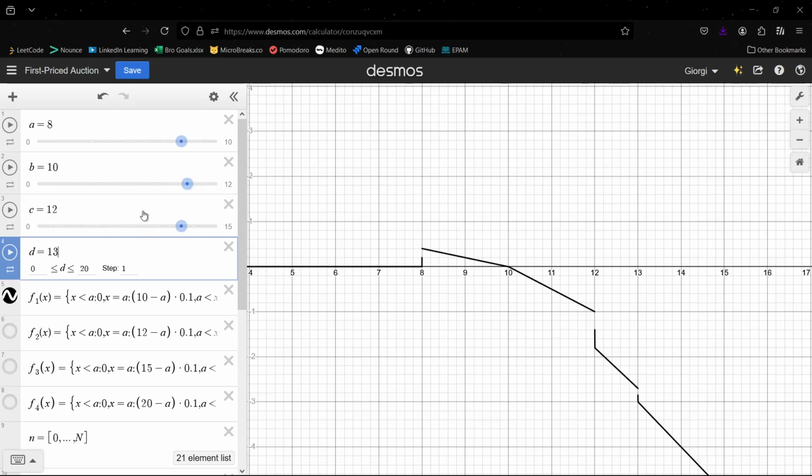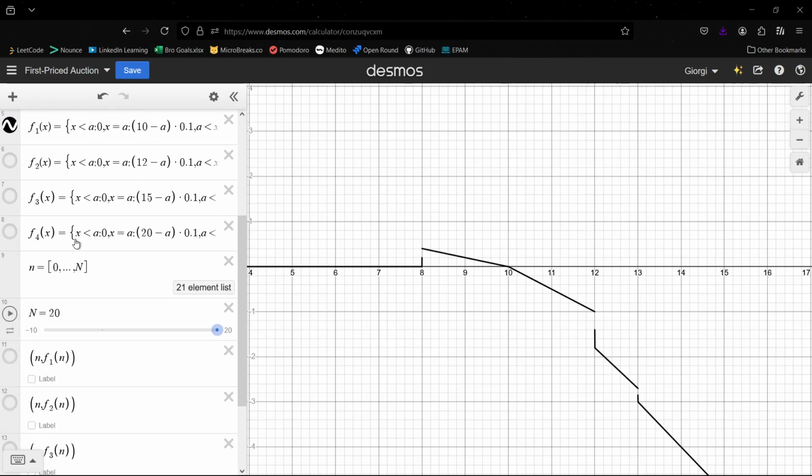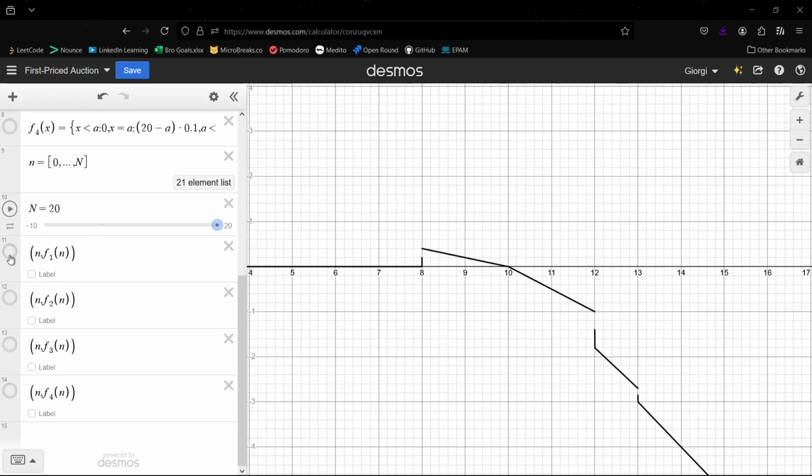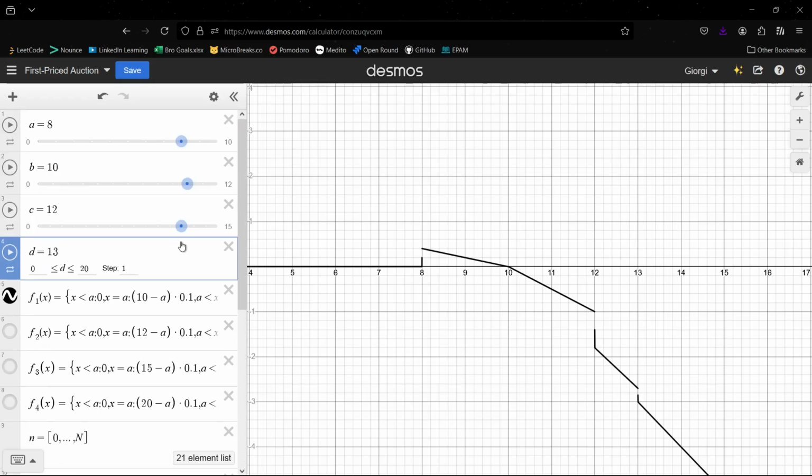The reason I created these Desmos functions is to make the search process easier, because generally what you have to do is just pick one set of strategies and then test it to see if it's a Bayes-Nash equilibrium or not. But here it's actually easy to find a Bayes-Nash equilibrium.